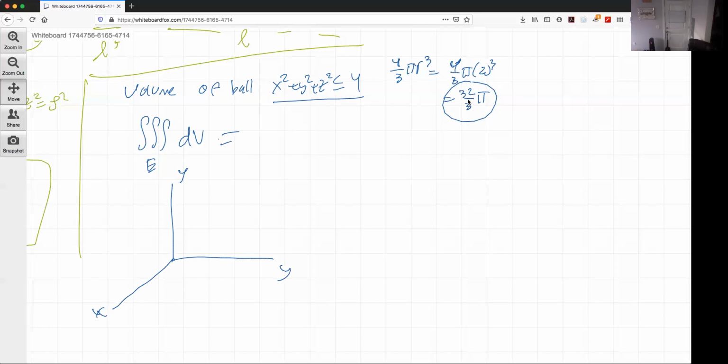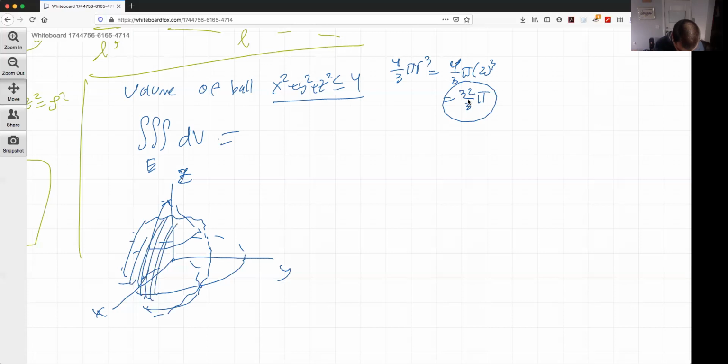I have actually a sphere right here. I'm going to draw this sphere. It's going to be a bad sphere, just be aware of that, because it's very tough to draw a sphere here. Kind of like this. Okay, I have this ball.